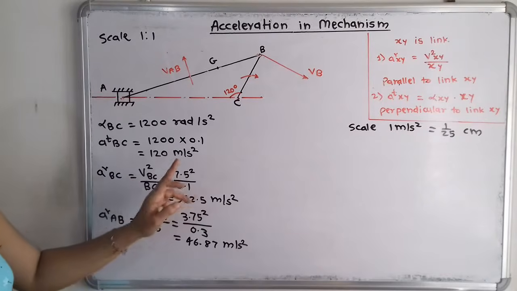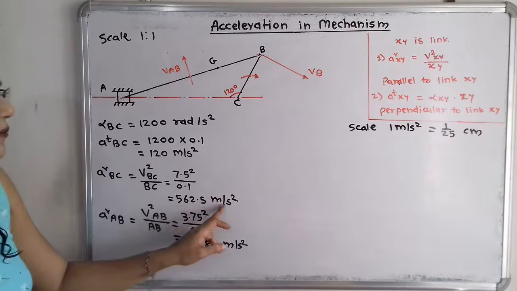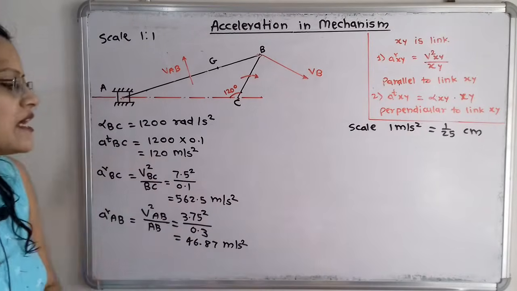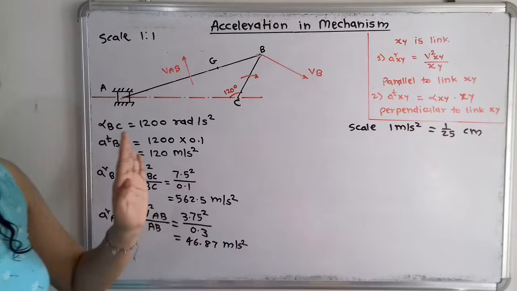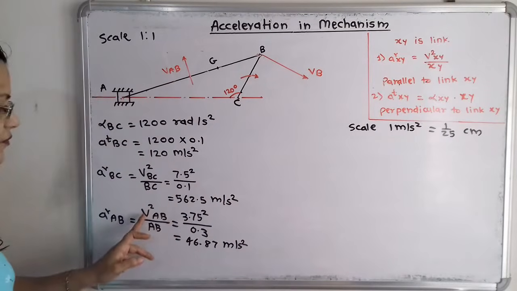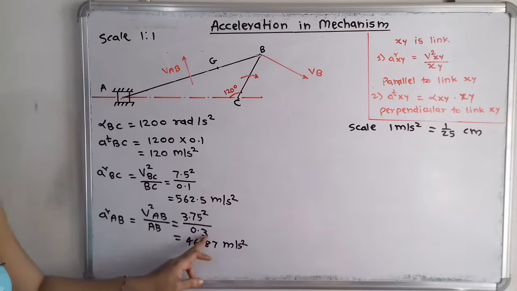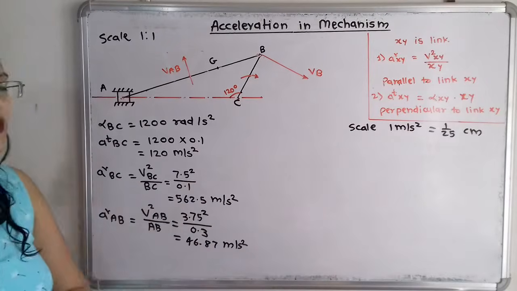So 7.5 square divided by 0.1, which is equal to 562.5 meter per second square. Now in the same way, the linear velocity of the link AB is also calculated. So from this, V square AB by AB, that is 3.75 square by 0.3, which is equal to 46.87 meter per second square.